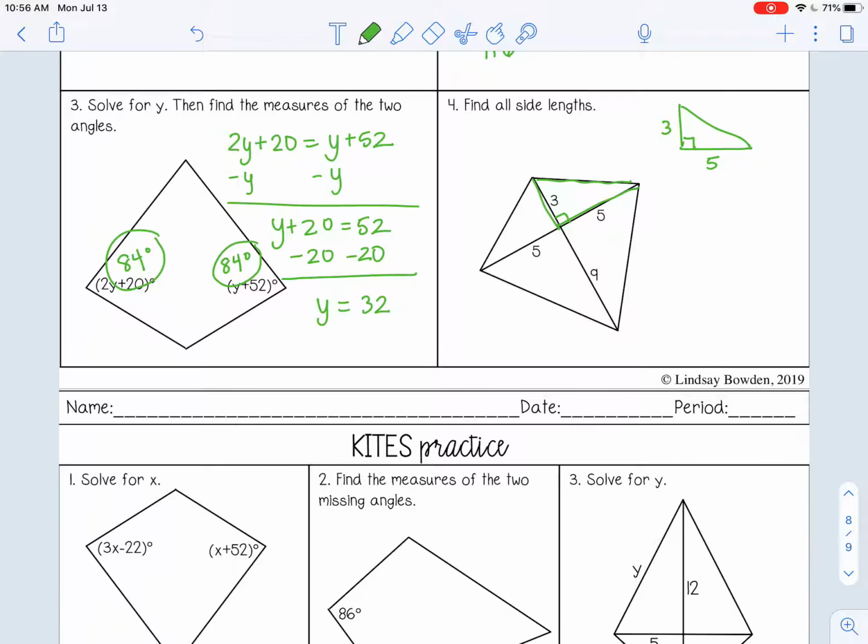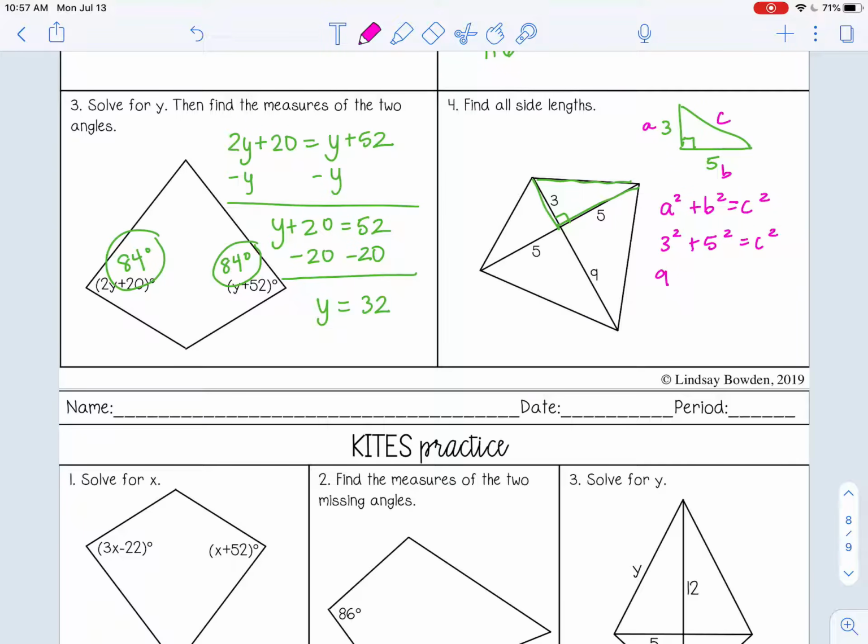So in order to find a missing piece of a right triangle, we can use the Pythagorean theorem, a squared plus b squared equals c squared. So this is my a and my b. The hypotenuse has to be c. So let's write our formula first. A squared plus b squared equals c squared. 3 squared plus 5 squared equals c squared.